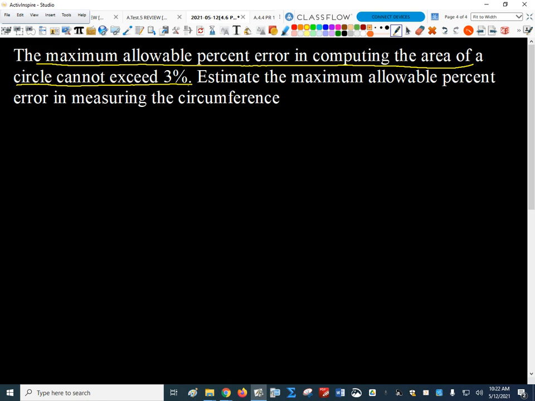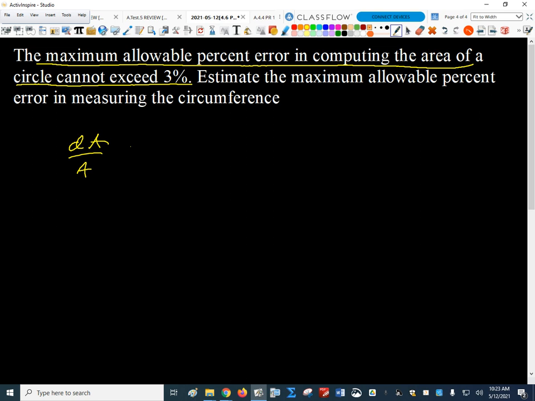What's that mean? Let's write that mathematically. Percent error in computing area. What's that going to look like? dA over A, right? So dA over A cannot exceed 3%. Okay, but what's the relationship?